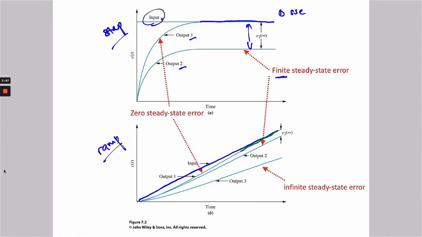For output 2, it becomes constant after some time. So we can say that this second output has a finite value of error. That means we can calculate input minus output, and it gives some value. However, for output 3 here, the value actually diverges from the input, because as t approaches infinity, it goes to infinity.